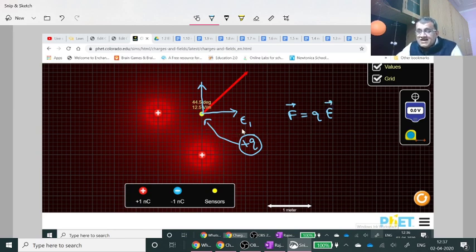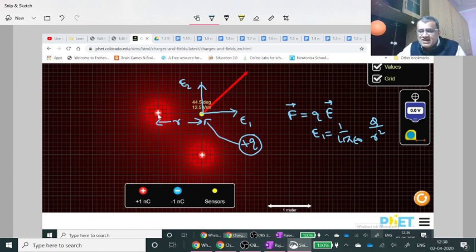So if I multiply this expression, what was this E1? E1 was 1 upon 4 pi epsilon naught Q upon r square, where r is the distance between Q and this place. Say this is r. So r away from this positive charge, the field here was E1. Likewise, we can find the expression for E2. Magnitude wise, E1 and E2, in this case, are the same because this distance is also r.